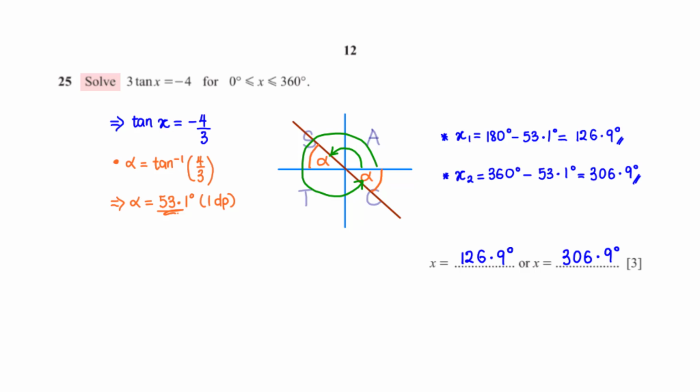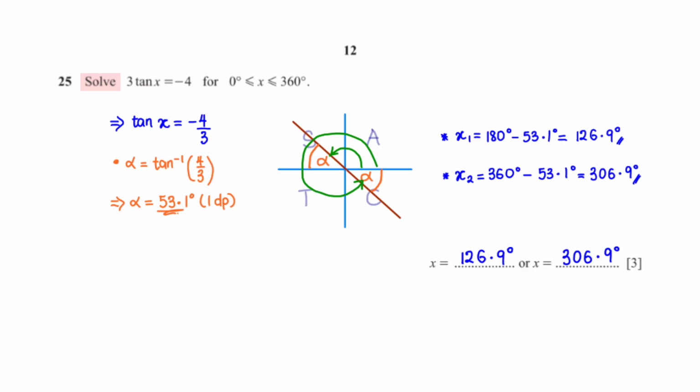Solve 3 tan x equals negative 4 for x is greater than or equal to 0 degrees and less than or equal to 360 degrees. When we make tan x the subject, we have tan x equals negative 4 over 3.